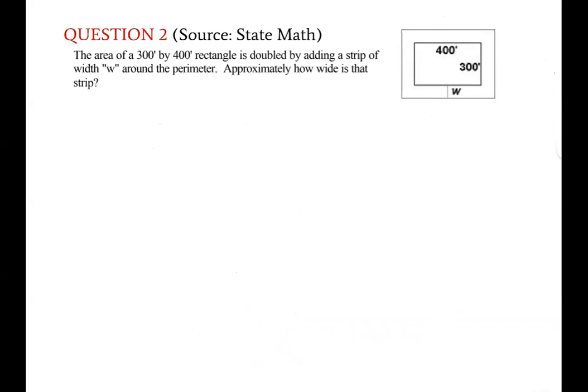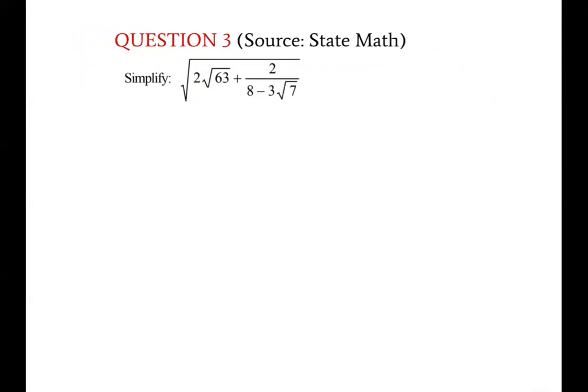Okay, thank you. All right, let's speed through this. Question 3, we simplify this big equation. So this is just pure algebra. First, we want to get rid of this radical in the denominator.